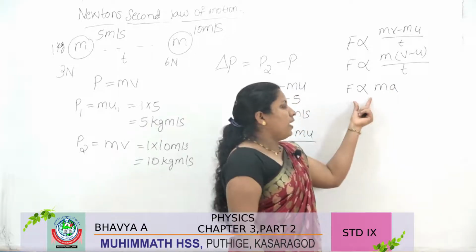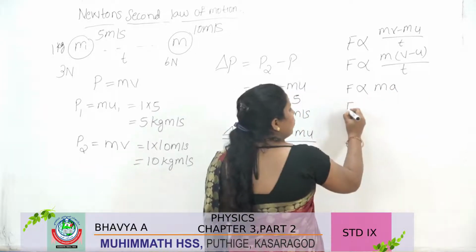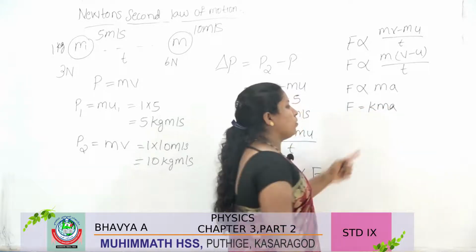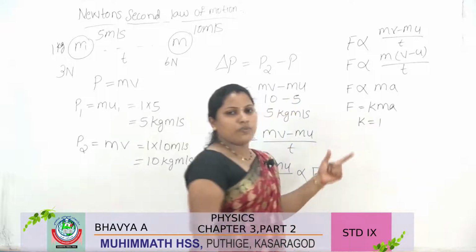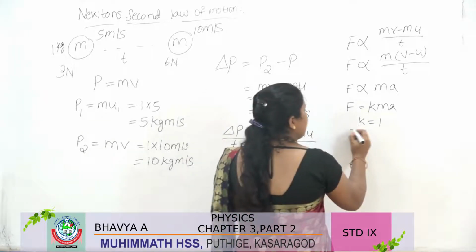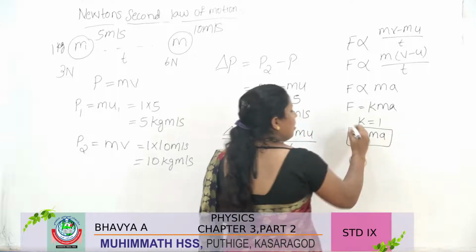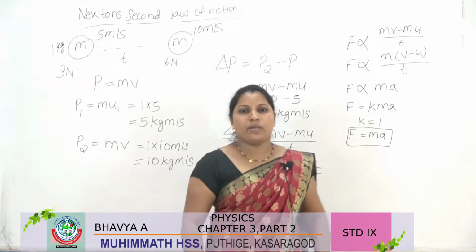Introducing a proportionality constant k, F is equal to k into m a. The value of k is equal to 1. So we can write F is equal to ma. This is how we calculate force using F is equal to m into a.